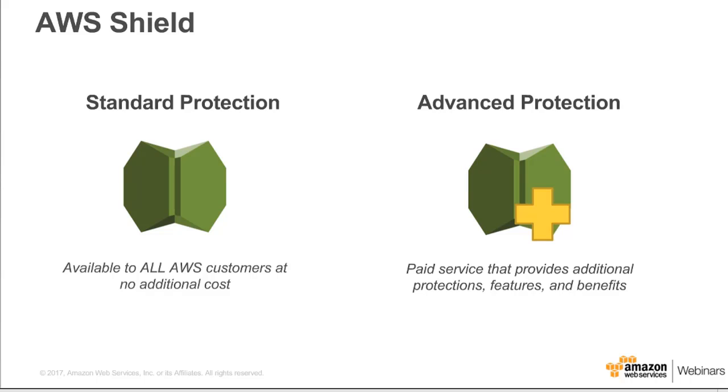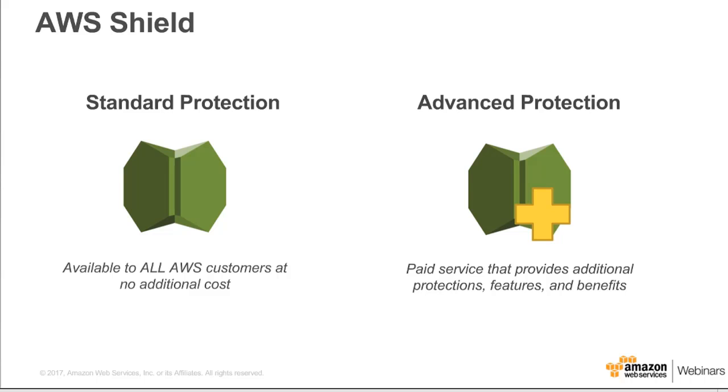So AWS Shield comes in 2 tiers of protection. AWS Shield Standard is the standard tier of protection that's available to all AWS customers at no additional cost. So if you're using any AWS service in any region, there's nothing for you to do. You don't have to log into the console, you don't have to click any buttons, and you don't have to pay anything extra aside from what you already pay for cloud services.